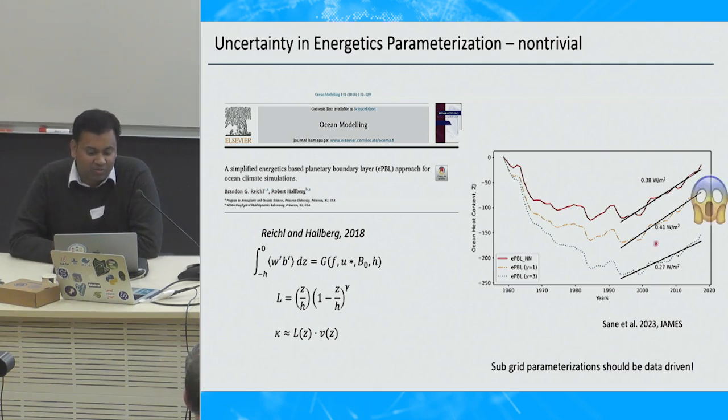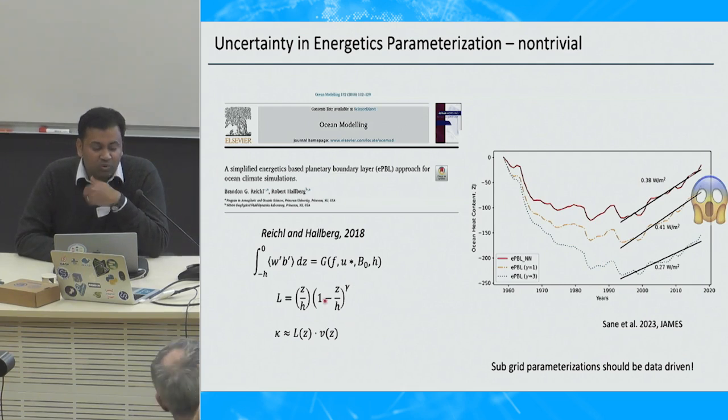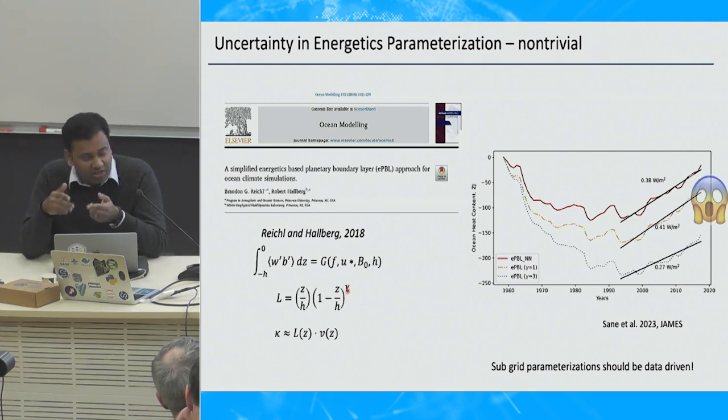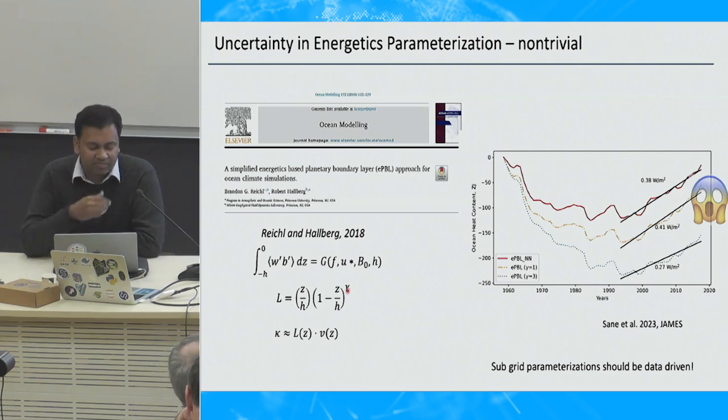Because then which is the right value of gamma? And so here I want to make the point that these schemes should be more data driven or more constrained by physics, and probably you can target this. You can think of this as parametric uncertainty as well, as in, can we get to the right value of gamma to get the right ocean heat content, for example.